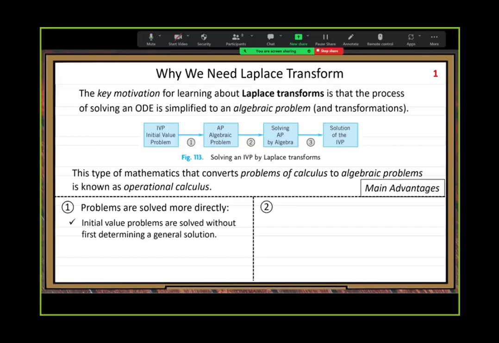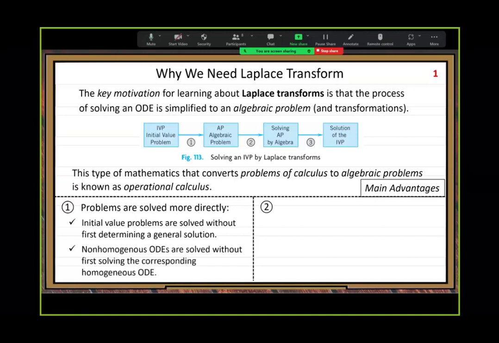So we just find the final solution directly. That's the meaning of directly. Just one step, we get the final solution. So directly versus indirectly, the meaning is different in that sense.